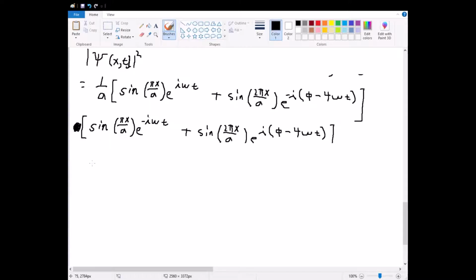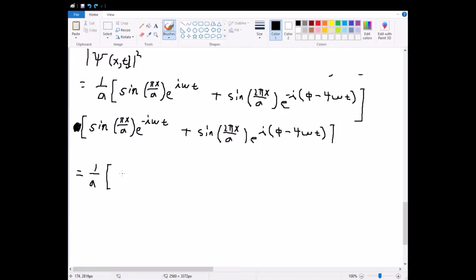And if we write this out fully, we have 1 over a at the front again, and a lot of expressions that we have to write out. So let's start off with 1 and 1 right here. This is e to the i omega t and e to the negative i omega t, which cancel out to 1.